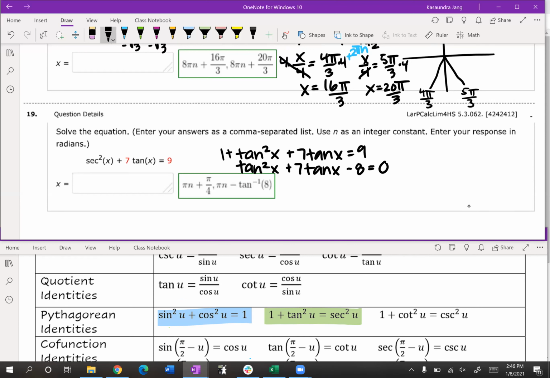So as far as factoring goes, I do not have a leading coefficient on this, so I don't have to do the factor by grouping. Let's see if we can figure out what multiplies to be negative 8 and adds up to 7. So out of all my options, 2 and 4, 1 and 8, I think I'm going to go with a positive 8 and a negative 1. Okay, so we factored it, and let's set each of our factors equal to 0.